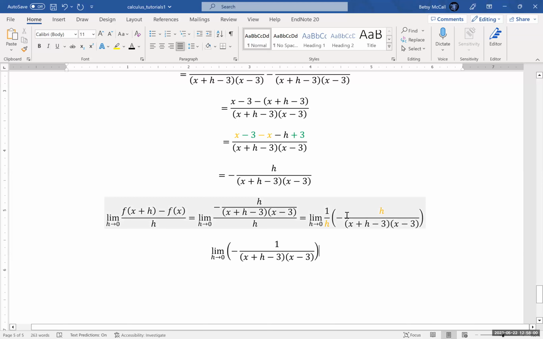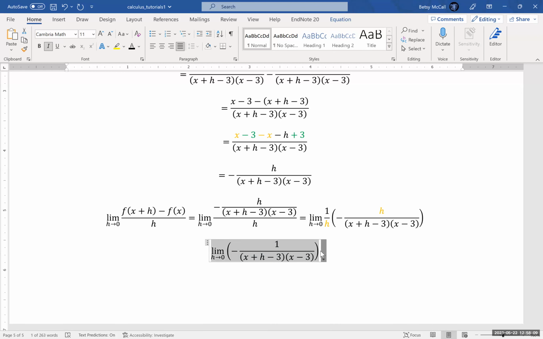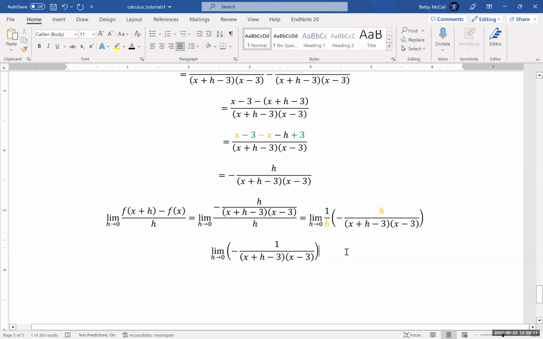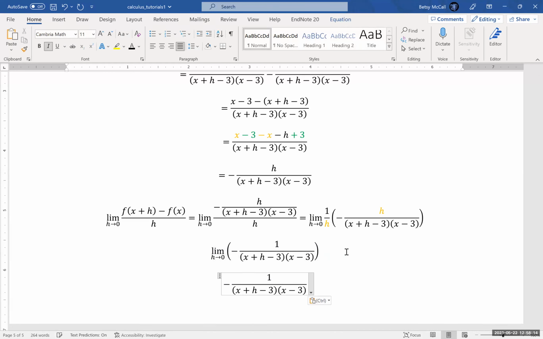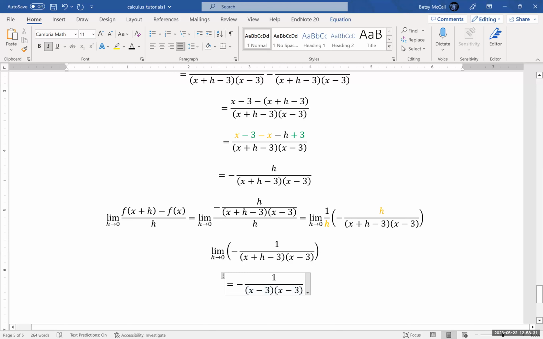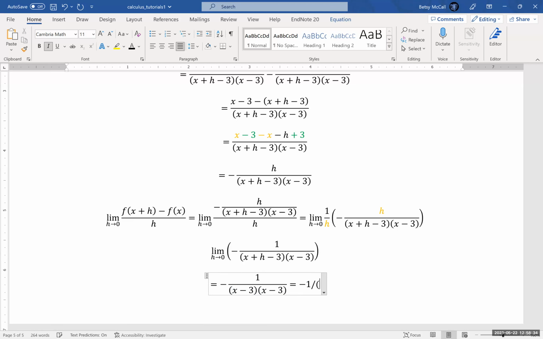And then, after it cancels, I can substitute my 0 in for h. And if I rewrite this, then I get my minus 1 over x minus 3 squared as expected.